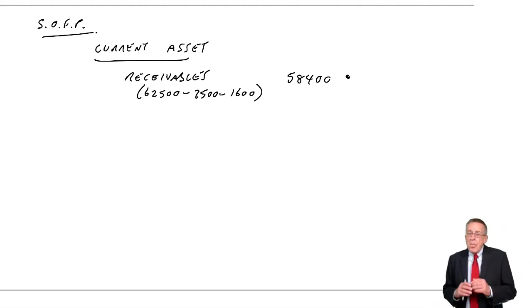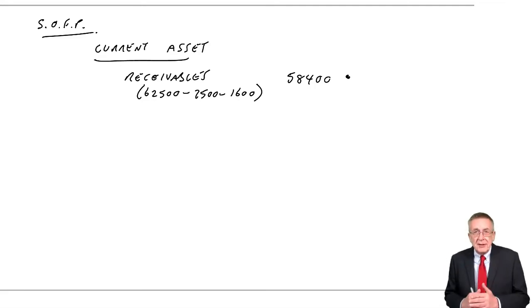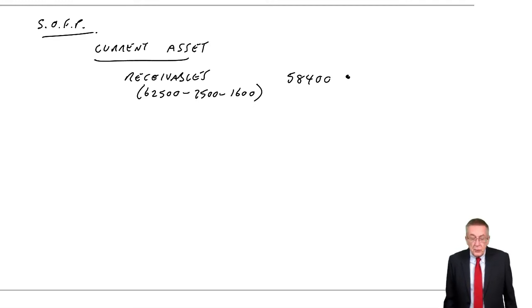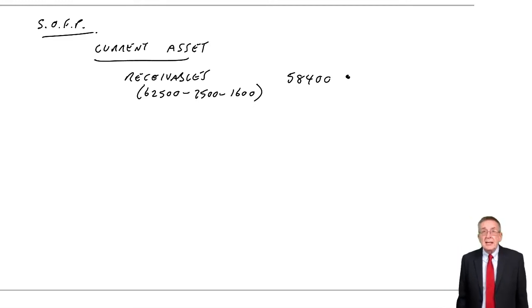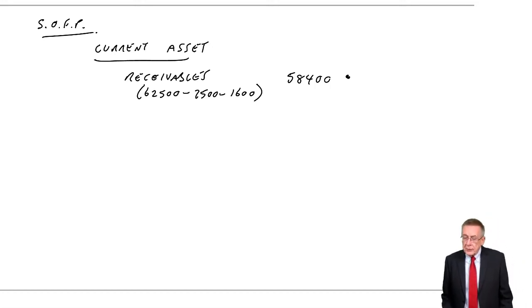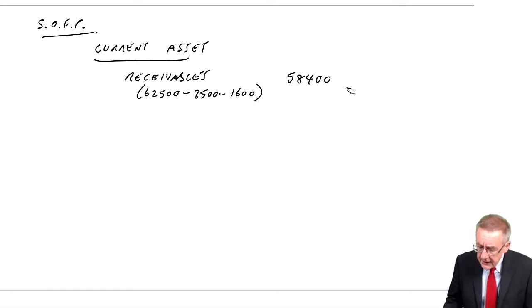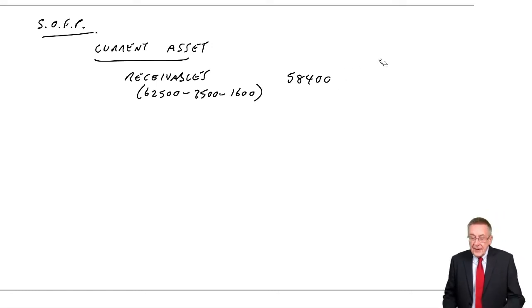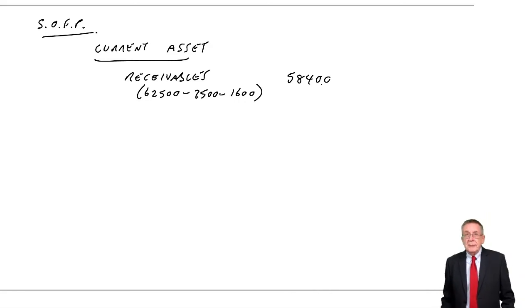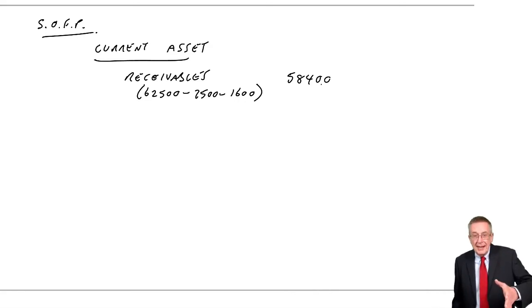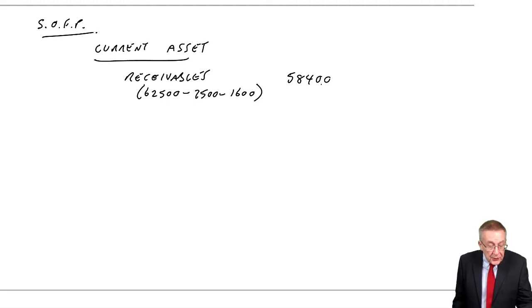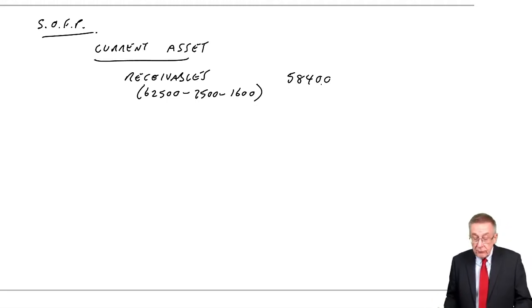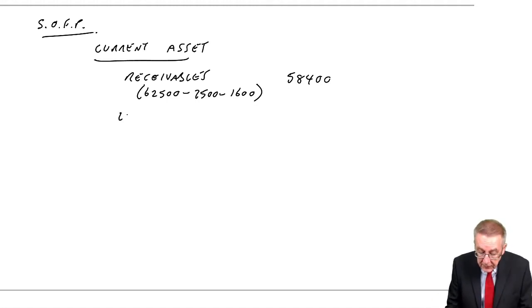We only show what we think we're certain of getting. However, I don't want to remove that 2,800 completely, otherwise I might forget to even try and get the money. And so if a debt's doubtful, we do in a sense remove it, but we say, well, 58,400 is what we're hoping to get. 2,800 is at risk, so we show it separately.